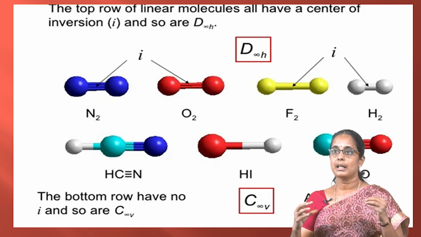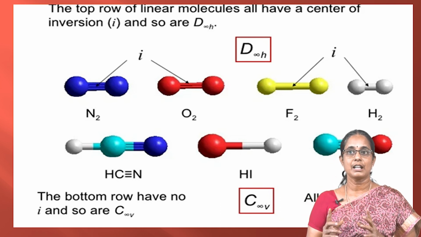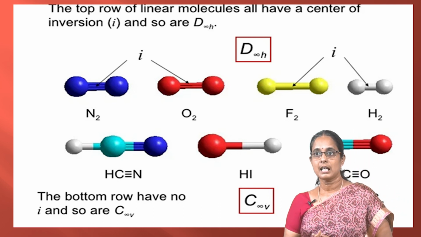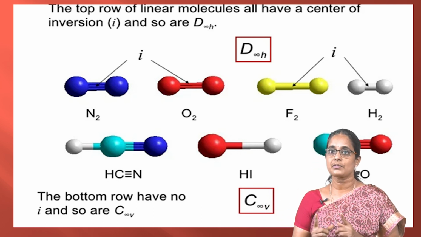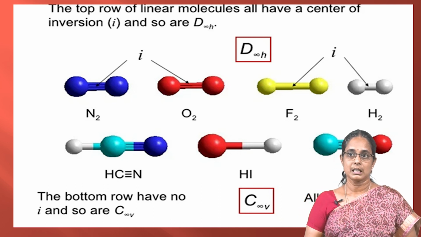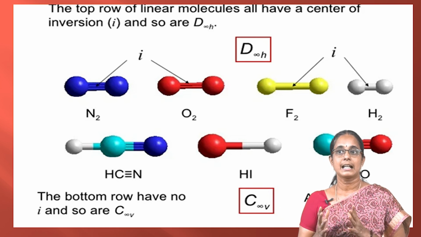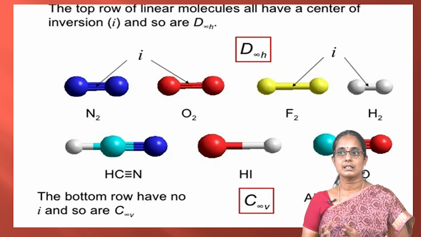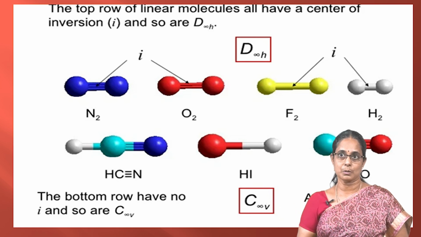This also implies that the molecule possesses infinite sigma v planes and a center of inversion. So all molecules with a center of symmetry belong to this point group. That is, homonuclear diatomic molecules such as nitrogen, oxygen, hydrogen, fluorine, chlorine, etc., are all in the D infinity h point group.